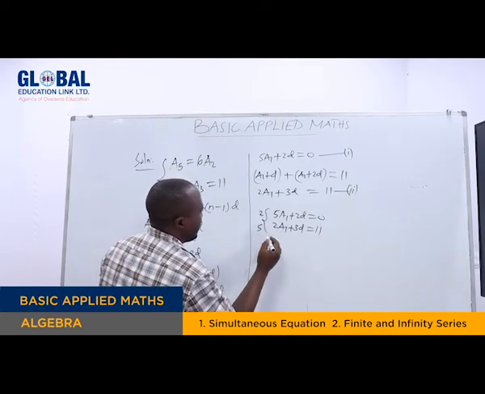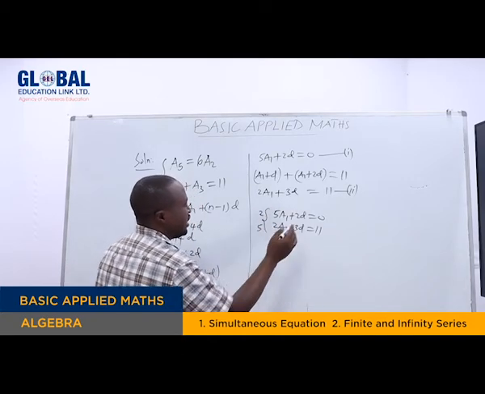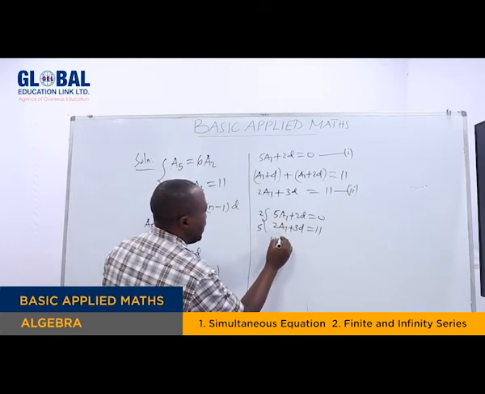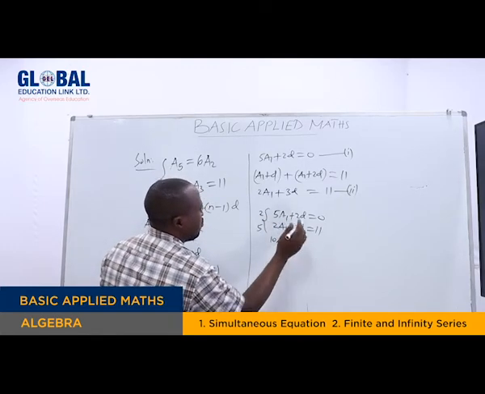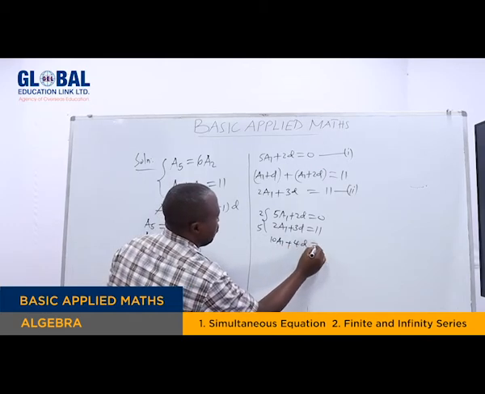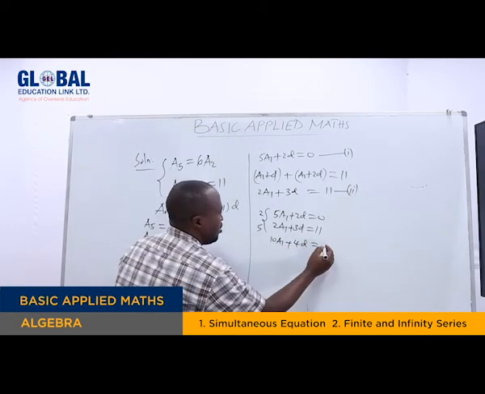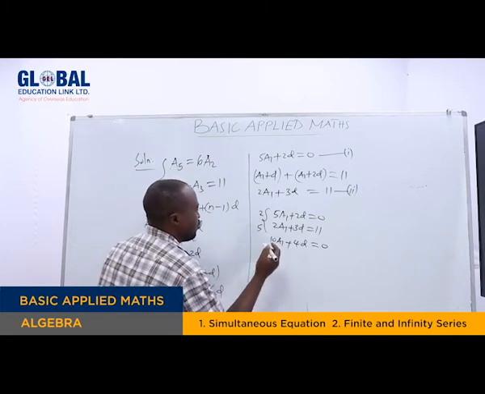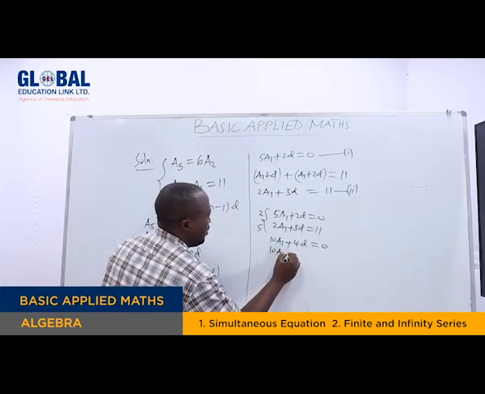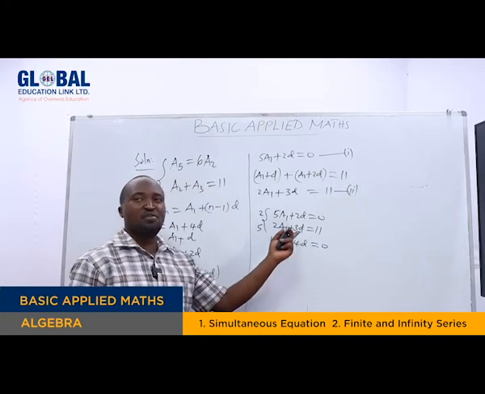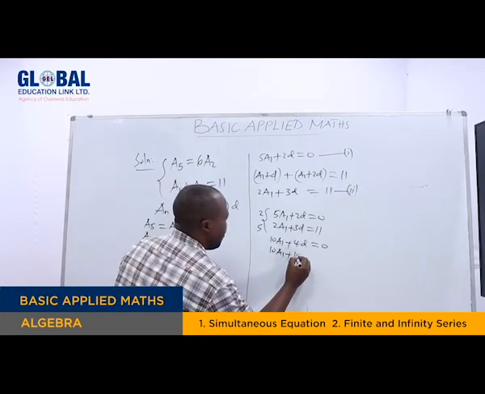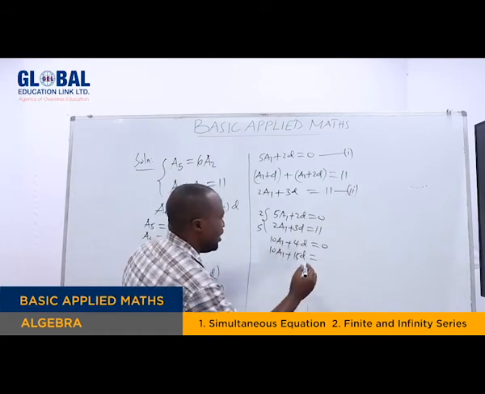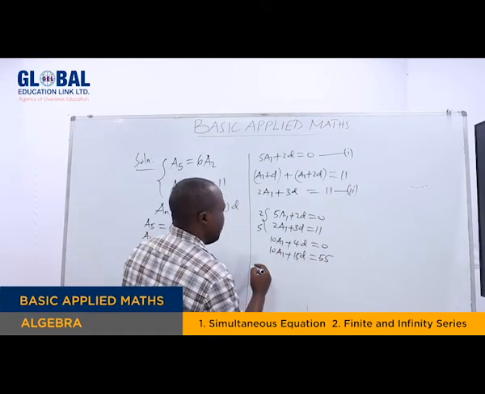So on multiplication, we are going to have 2 times 5, that is 10a1, plus 2 times 2, that is 4d, which is equal to 2 times 0, that is 0. And again, we have 5 times 2, that is 10a1, plus 5 times 3d, that is 15d, which is equal to 5 times 11, we have 55.